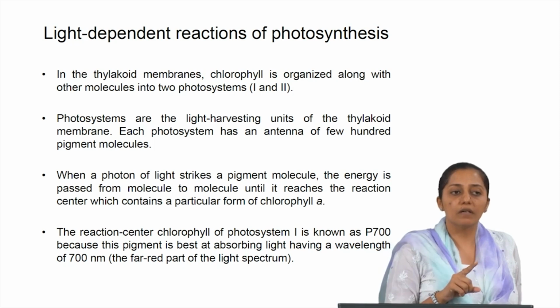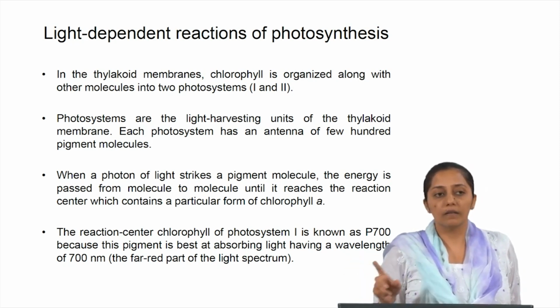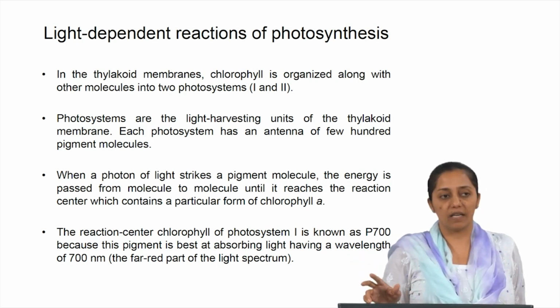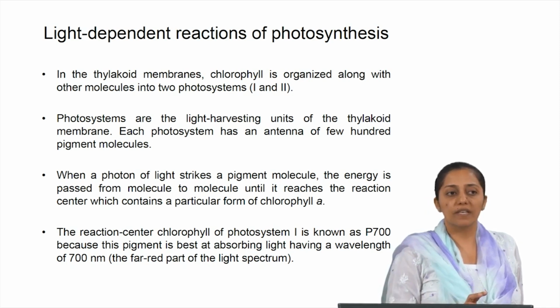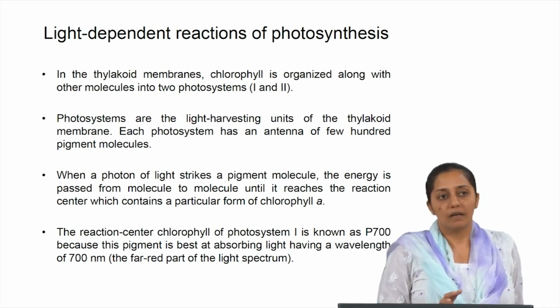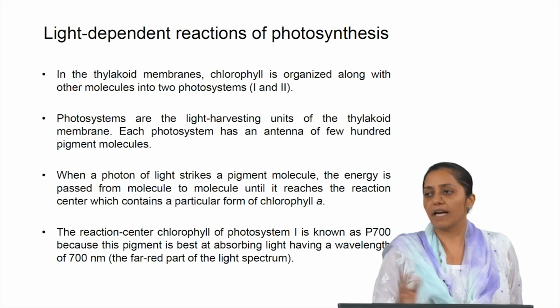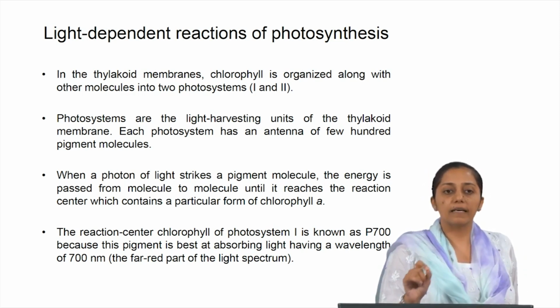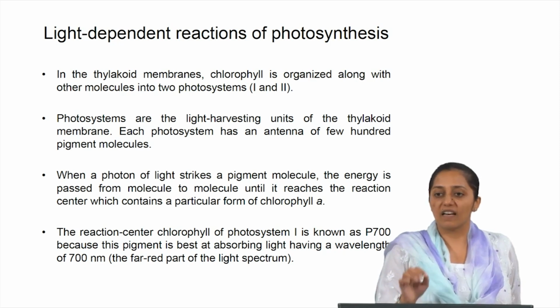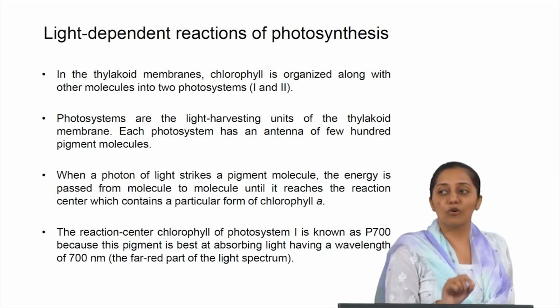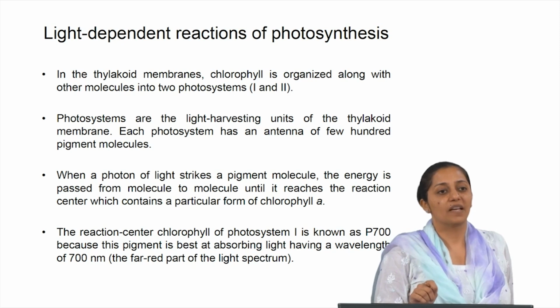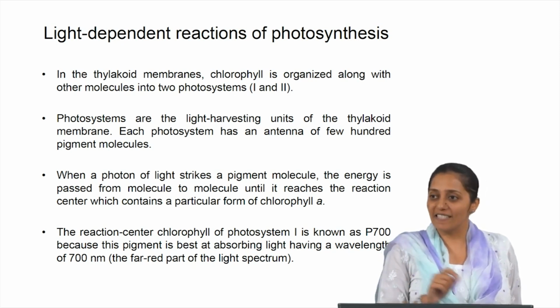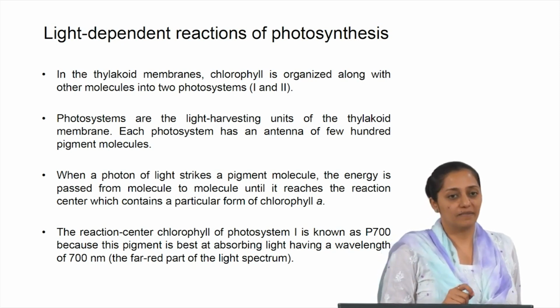Now, if you observe, photosystem 1 is called P700, photosystem 2 is P680, which means there is a difference in the maximum absorption wavelength. It is a fact that both the reaction centers have identical chlorophyll a molecules, but still there is a difference in the wavelength.